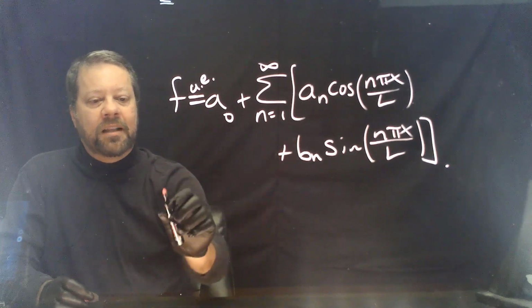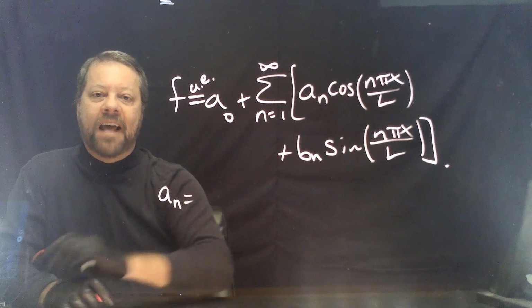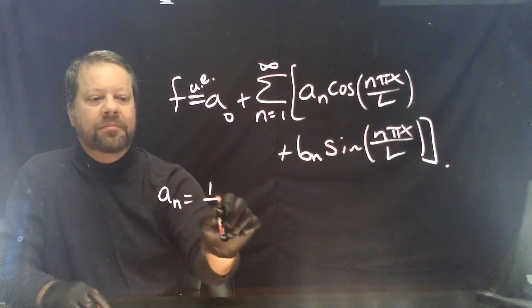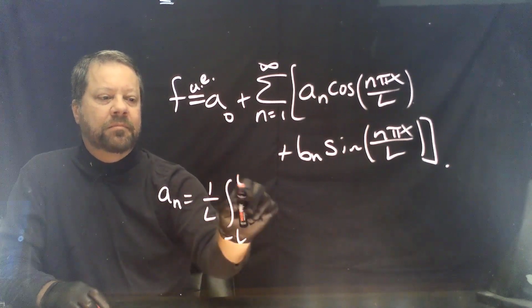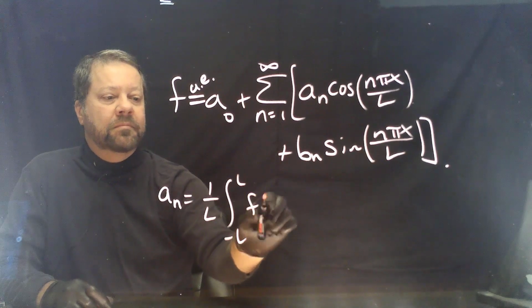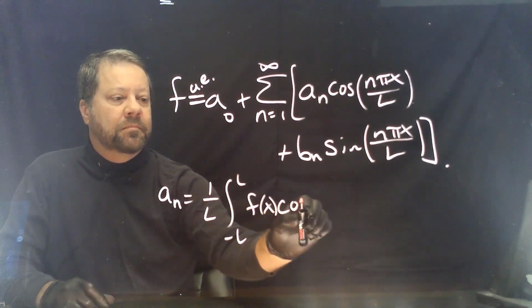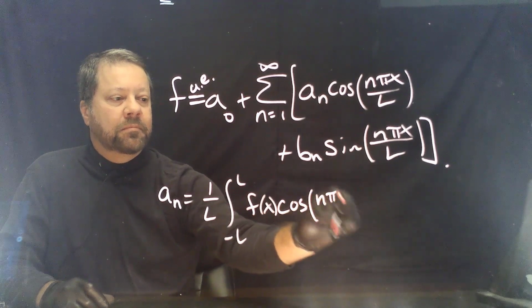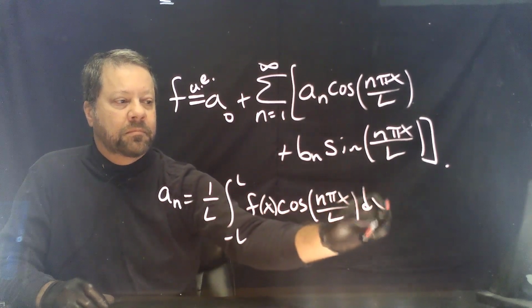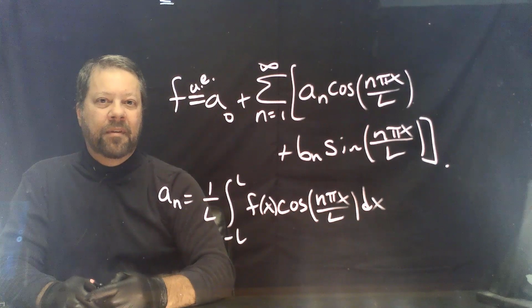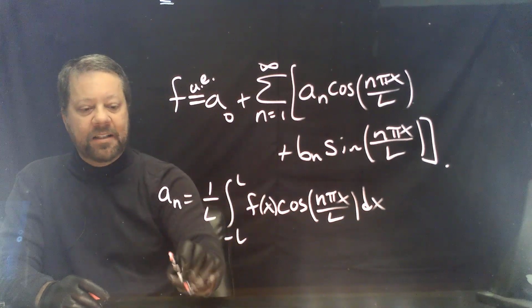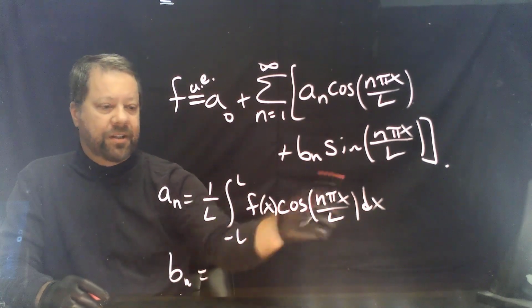Here, the ANs are arrived at by projection and the BNs by projection onto the sines.